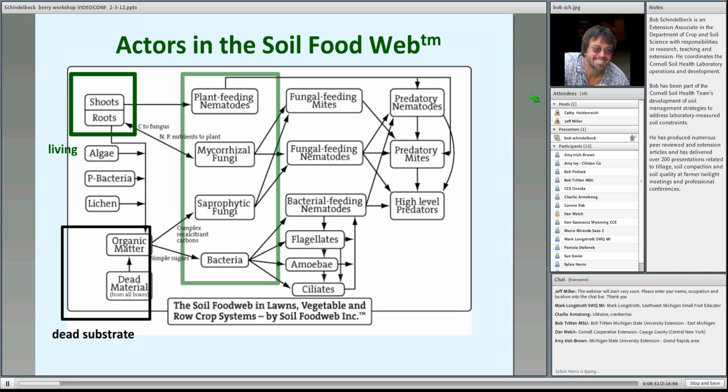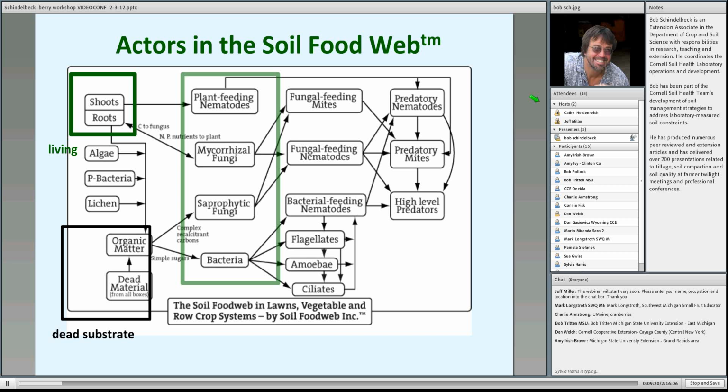We have different plants that we can use in our management, different substrates that we can apply. So when we look at this table, we see that from the blue circle, the living material, we're going to affect certain living bacteria and fungi and nematodes in the soil. And same at the bottom, the dead substrate can affect this next box, this next hierarchy of organisms.